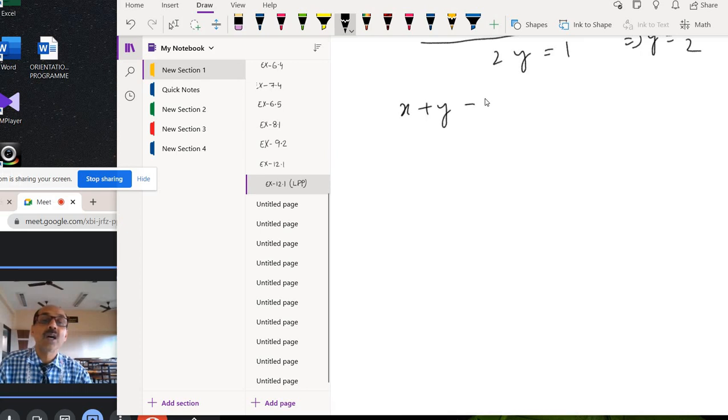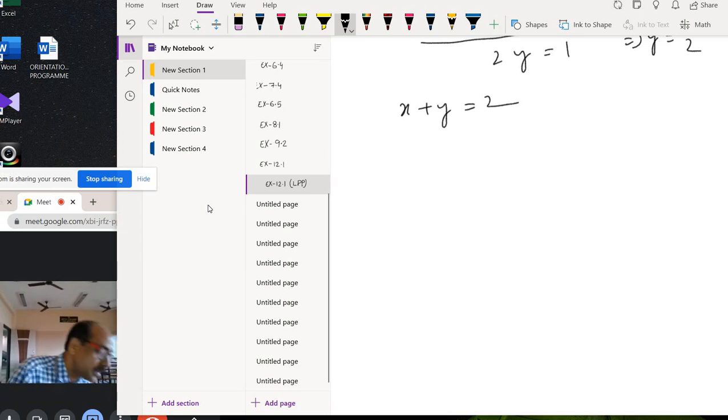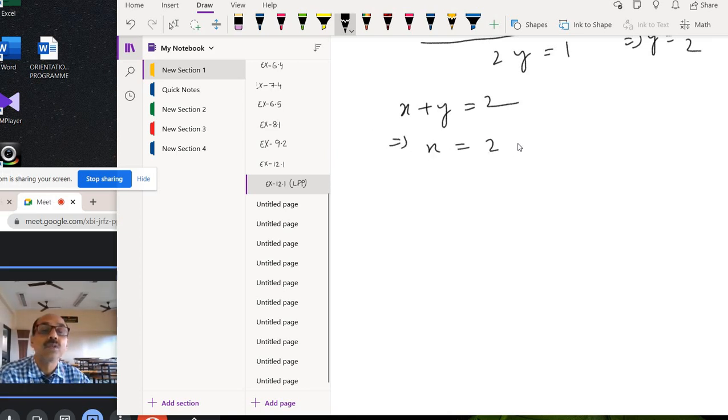Then x plus y equal to 2. So x equal to 2 minus 1 by 2, which is 3 by 2.